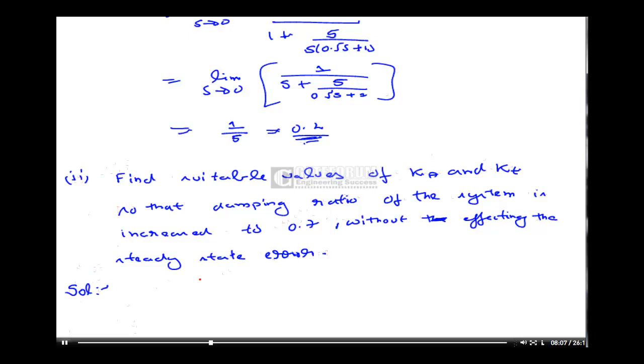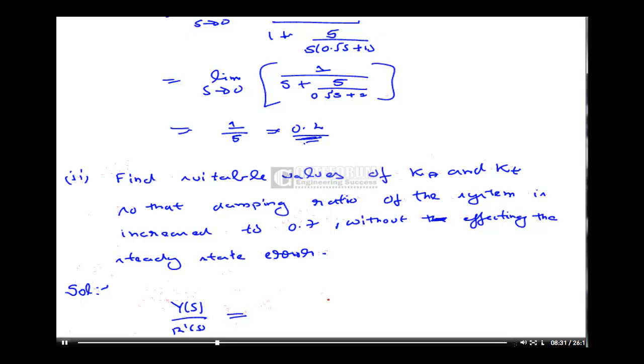Before finding the other things, we have to find the overall transfer function of the block. If we look at the internal block, the motor part with feedback, I can have Y(s) upon R dash(s). Let's assume that R dash(s) is the input to the motor part.